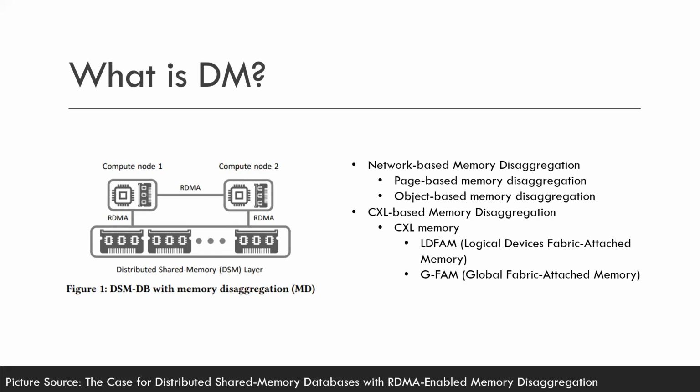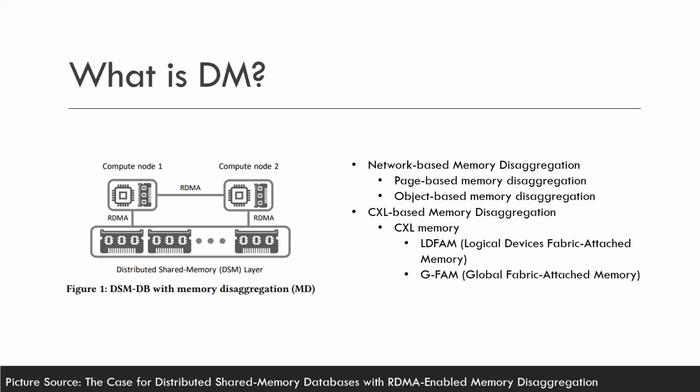In object-based memory disaggregation, everything happens at the virtual memory abstraction level, swapping individual application-level memory objects. For CXL-based memory disaggregation, it has two types.